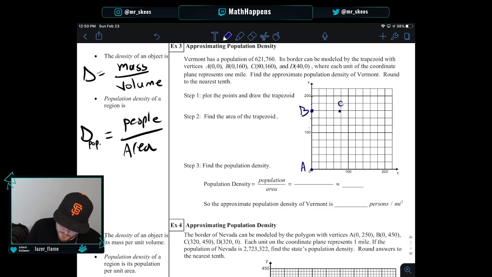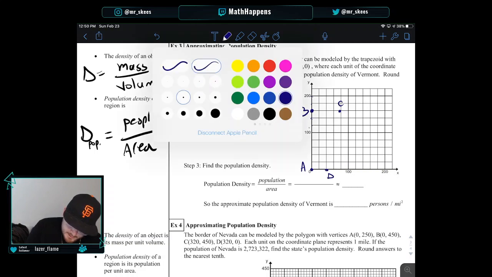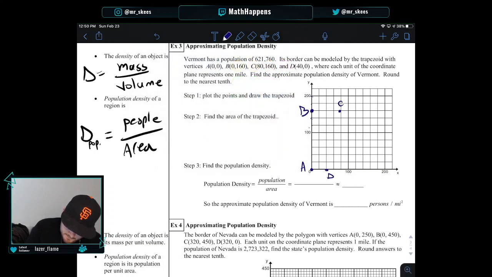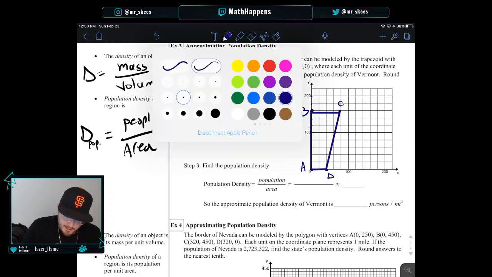And then (40, 0) is right there. So there's Vermont in all its glory.